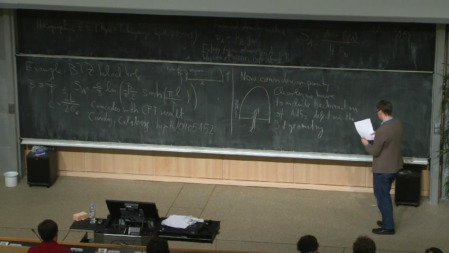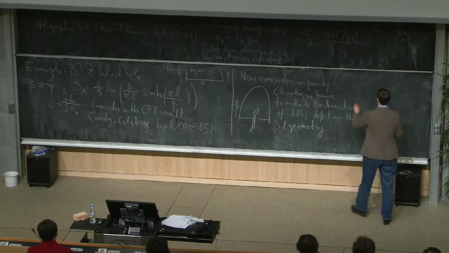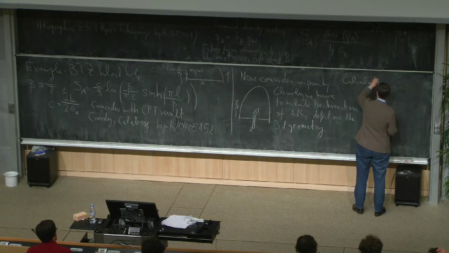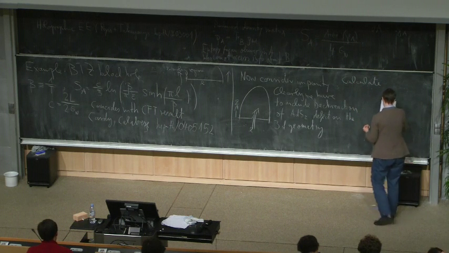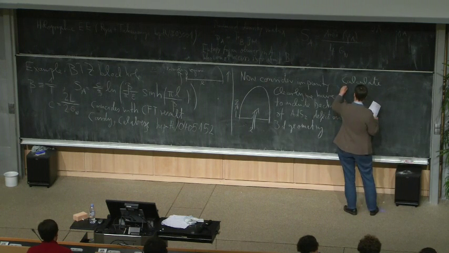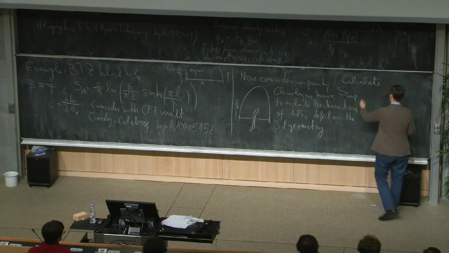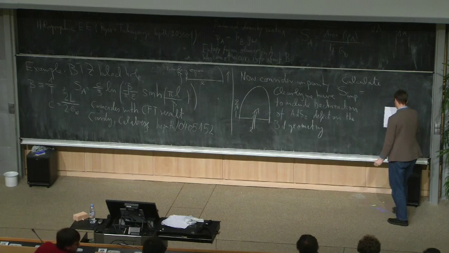Okay, and so then what we're going to calculate is a quantity known as the impurity entropy, which is going to be finite due to this regularization which takes place.